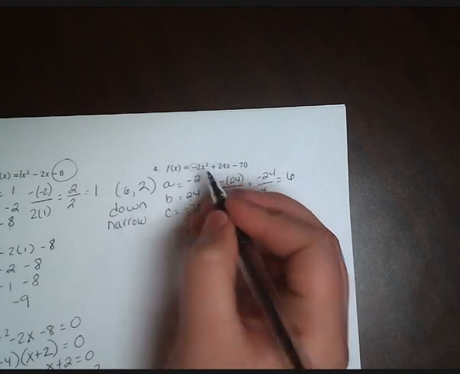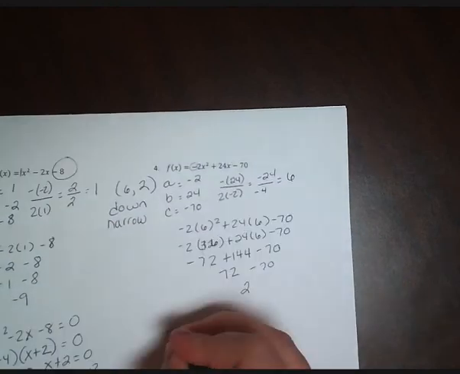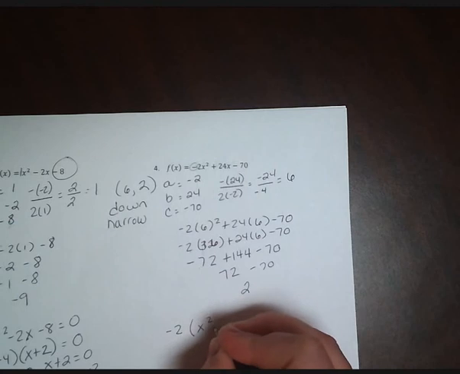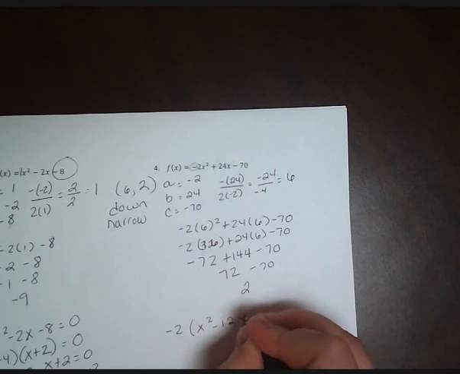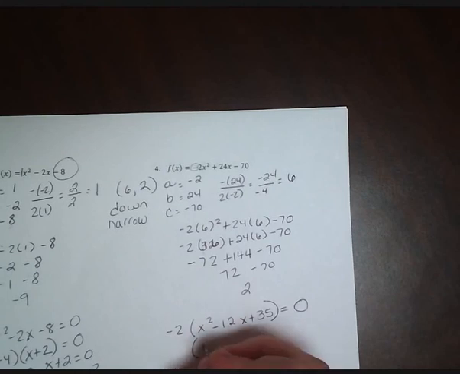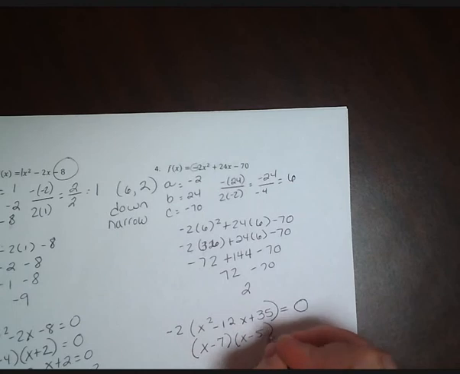And then for our x-intercepts, we're going to factor out a negative 2 to get x squared minus 12x plus 35. And then factor that to get x minus 7, x minus 5.